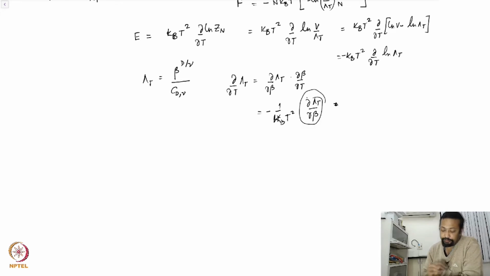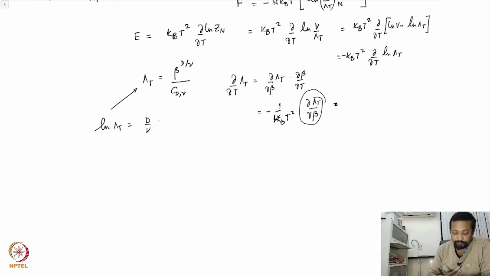So I just have to evaluate this, but let's take a log of this expression. Ln lambda t is d over nu ln beta minus ln c(d, nu), the constant over here.